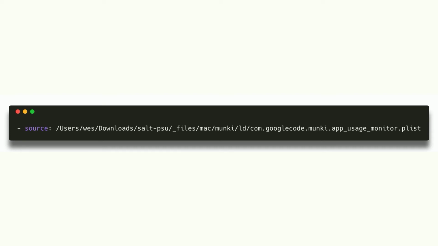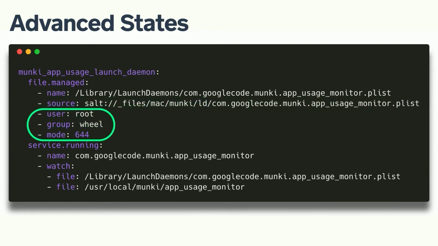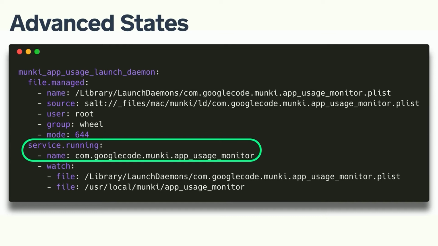So it'll take that file and make sure that it is at /Library/LaunchDaemons. Make sure that the permissions are root and wheel, with the mode permissions of 644. This piece of the state will make sure that the service is running. So Salt will use the same name for multiple platforms.